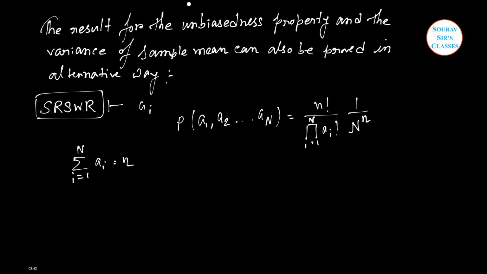For this multinomial distribution, we have E(a_i) equals small n by capital N.